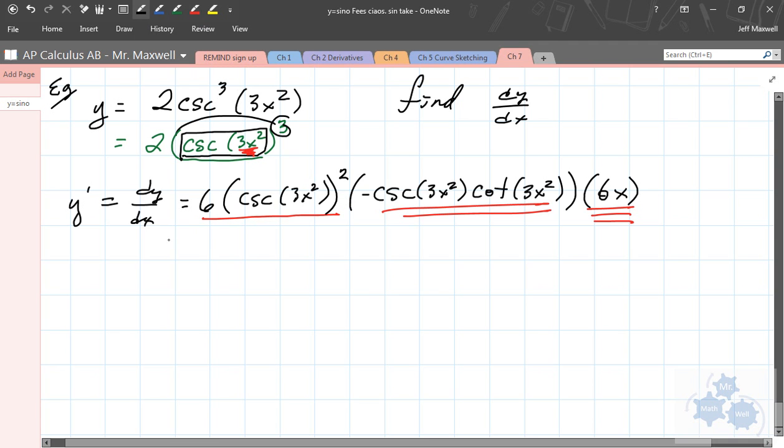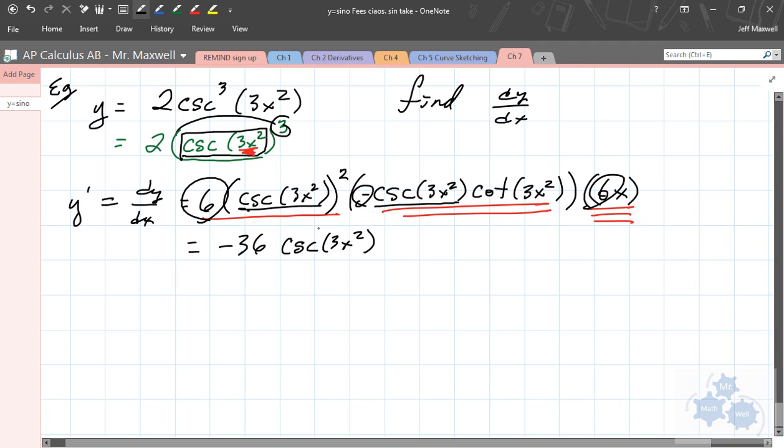If we want to further simplify that, we can take a look at this 6 here. You got a negative here, and another 6 here. So what is that? Negative 36. We've got cosecant 3x squared, and we've got a cosecant 3x squared to the power of 1 here. So I guess we might want to just combine those. We can just go cosecant 3x squared to the power of 3.